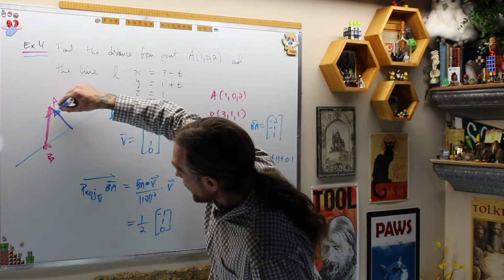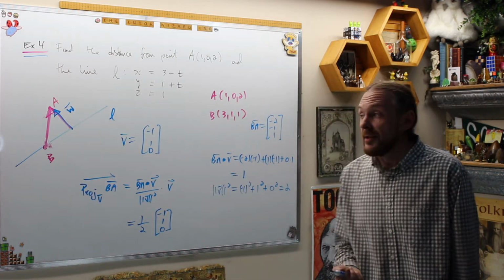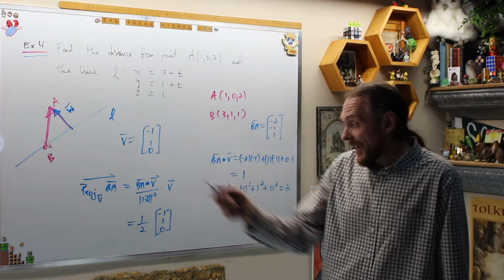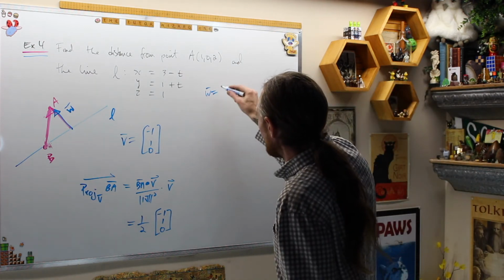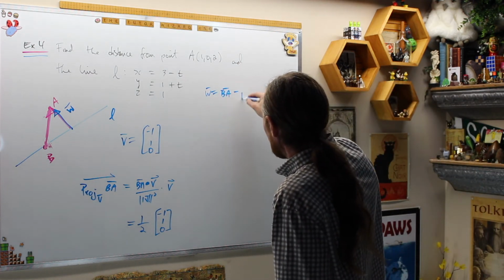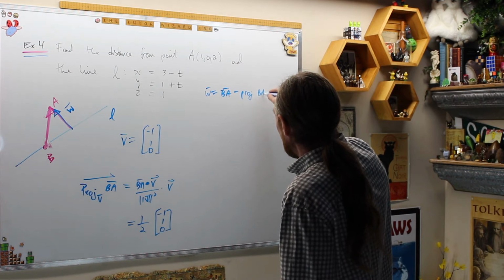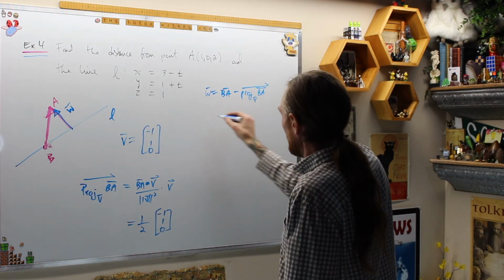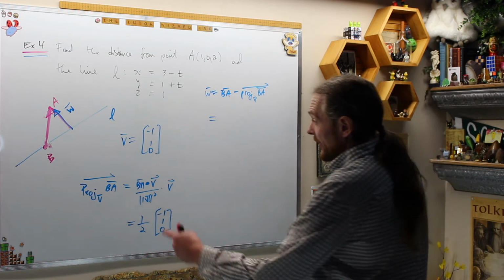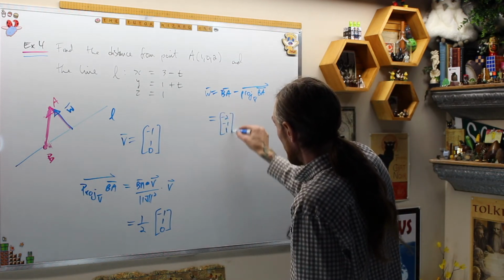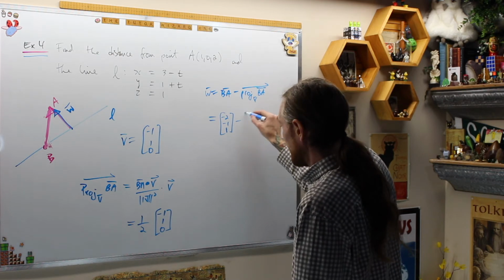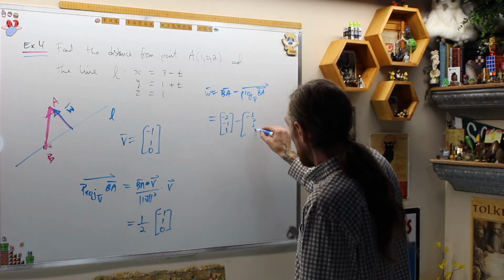We want W. W is BA minus this projection. So how do I get that? Our vector W is going to be BA minus the projection of BA onto V, which is going to equal what? BA was, I just erased it, (-2, -1, 1), minus (-1/2, 1/2, 0).